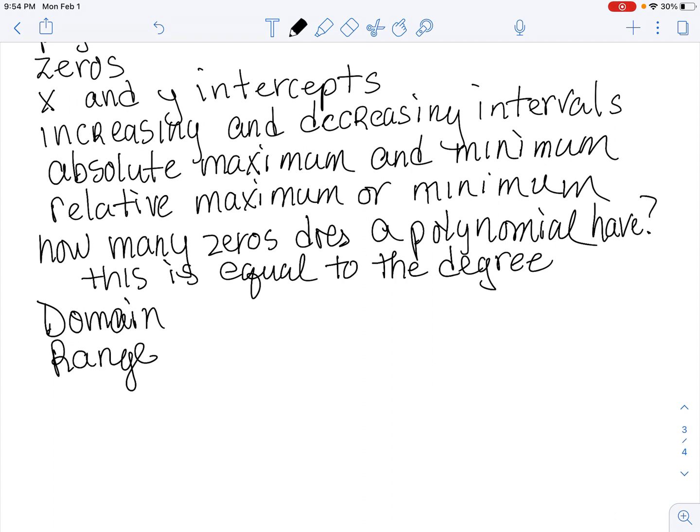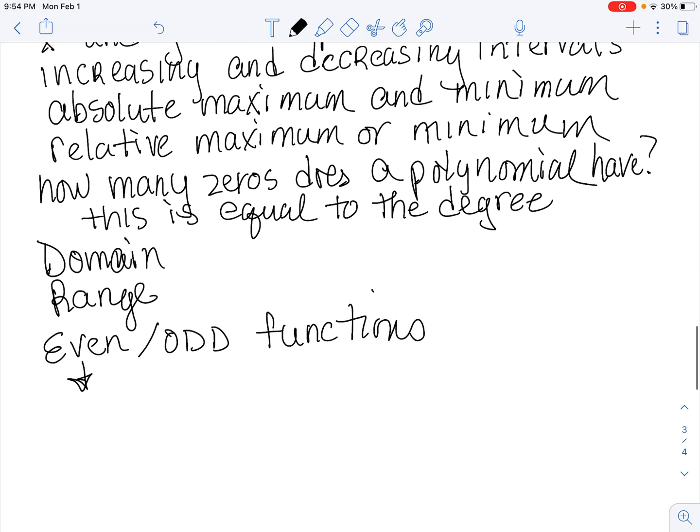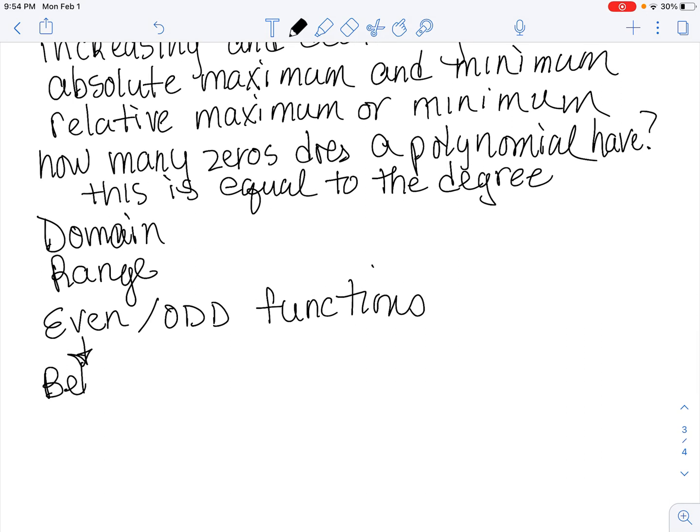And the other two things that we talked about, but I didn't actually put a name to it, was even and odd functions, polynomial functions. So your even ones behave like the quadratic. Okay?